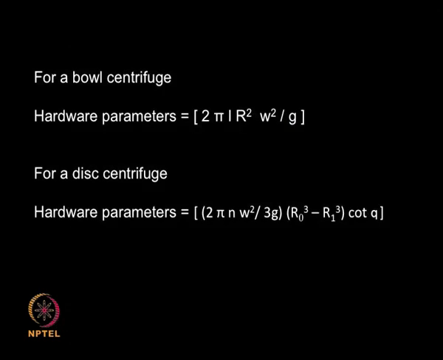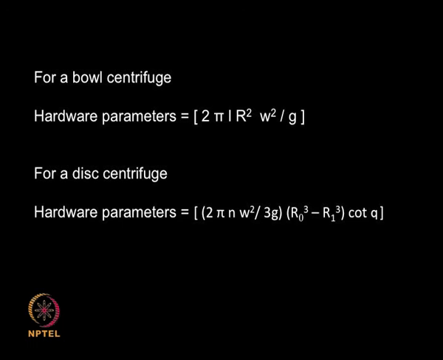Now let us recall these hardware parameters for bowl centrifuge as well as disc centrifuge. I have shown this particular set of equations in the previous class. So for a bowl centrifuge the hardware parameter is like this, where L is the height or the length of the centrifuge, R is the radius of the bowl, and omega is the revolutions per minute, whereas in the disc centrifuge the equations become slightly more complicated because you have several inclined discs.